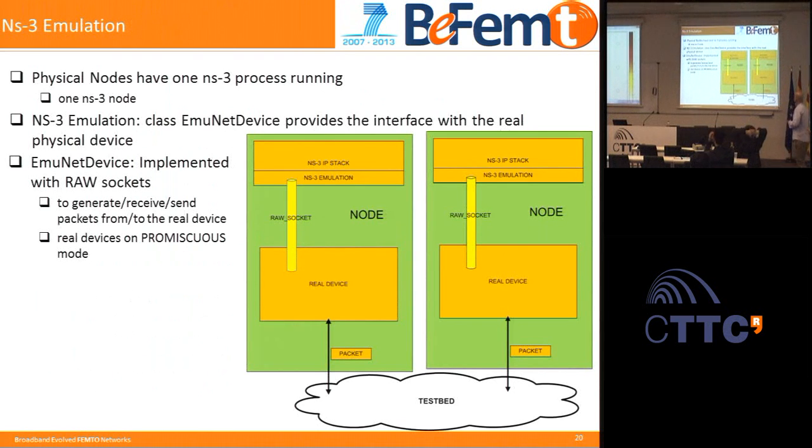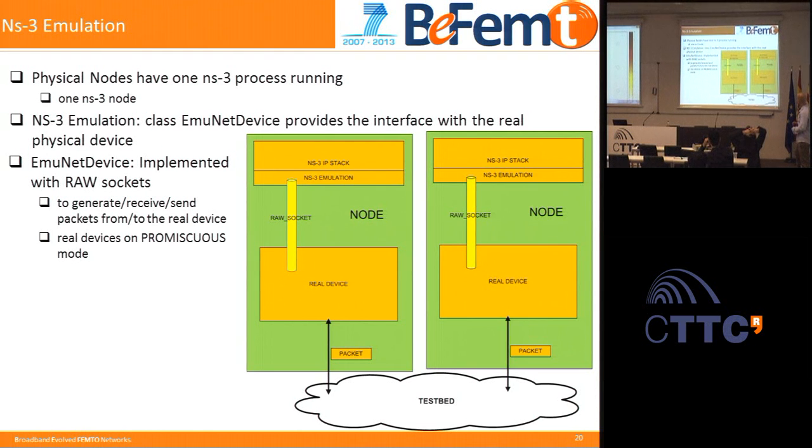How does it work? Basically, we have a node of the testbed, and we install the NS3 application in the node. To achieve that a packet generated in NS3 is transmitted over the testbed, we use a raw socket, which is implemented in an independent thread of the NS3 application and is in charge of receiving and sending packets.